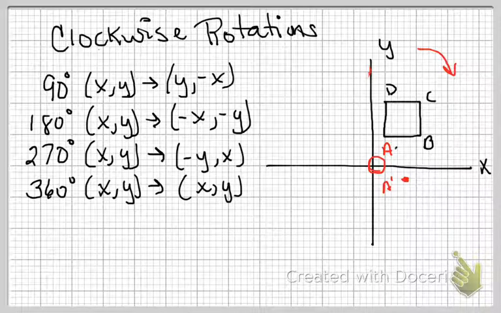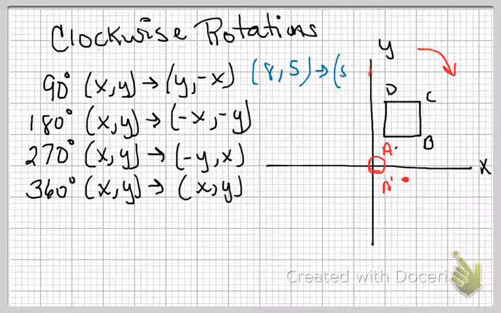Okay, so B is, we're going to say that's 1, 2, 3, 4, 5, 6, 7, 8. So it's 8, 5. So we're going to reverse this. This is 8, 5, and it's going to be 5, negative 8.